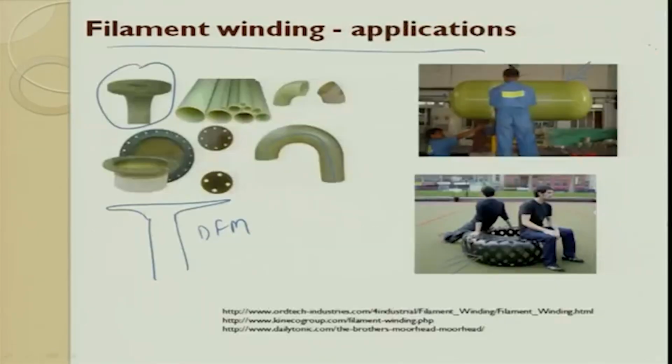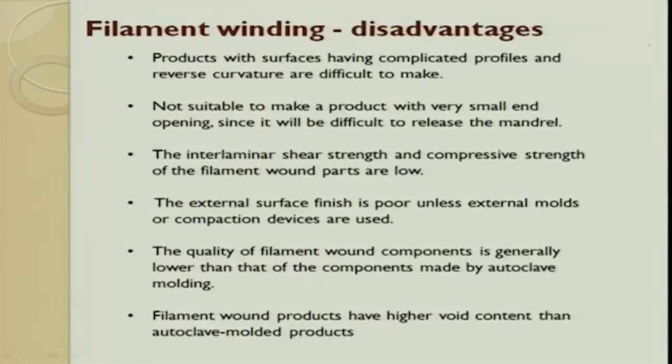So the disadvantages: products with surfaces of complicated profiles, that means concave and convex, are difficult. It is not suitable for very small production, because it is a huge investment. And interlaminar shear strength, very important, please make a note of it: the interlaminar shear strength and compressive strength of filament wound products are lower.